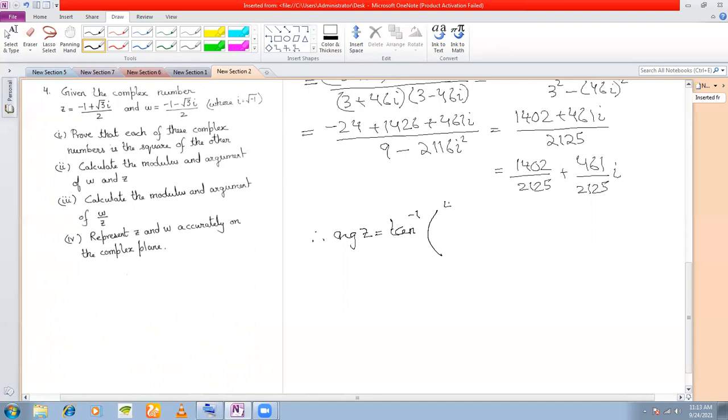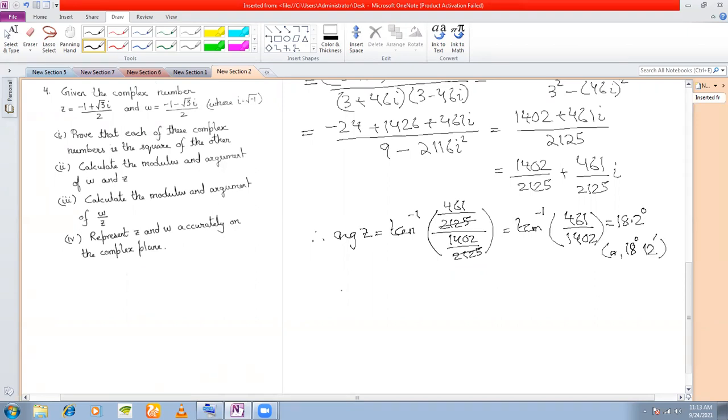Y here is 461 divided by 2125, and x here is 1402 divided by 2125. Now if you cancel, you'll get tan inverse of 461 by 1402. From your calculators, you can calculate this tan inverse and find it to be 18.2 degrees, or you can also write it as 18 degrees 12 minutes.